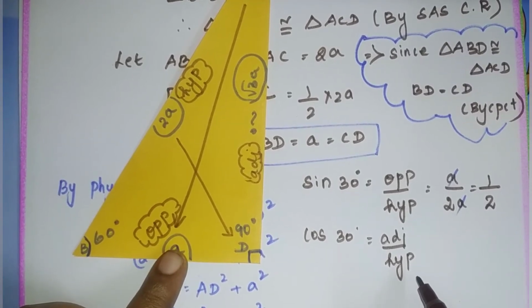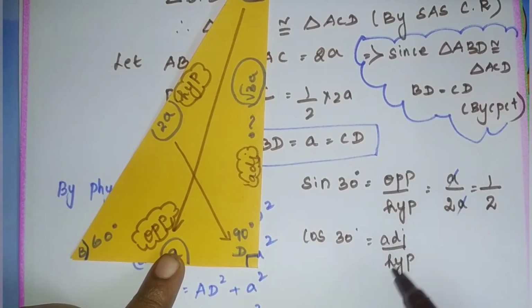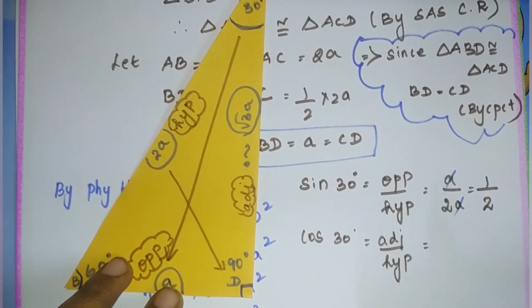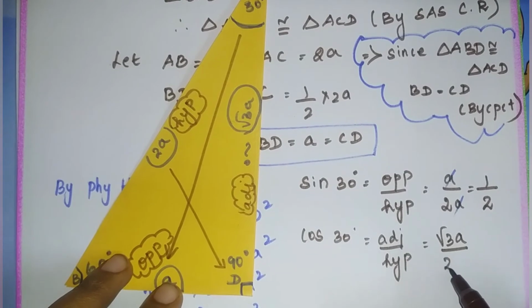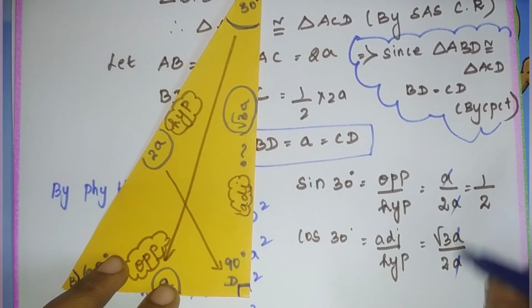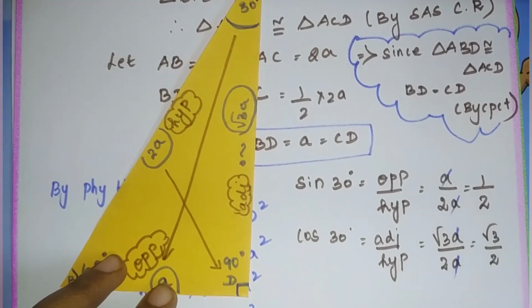See that link and clear your doubts. And then adjacent, what is adjacent? Root 3A, divided by hypotenuse 2A. So now we can cancel A and the remaining will be root 3 by 2.